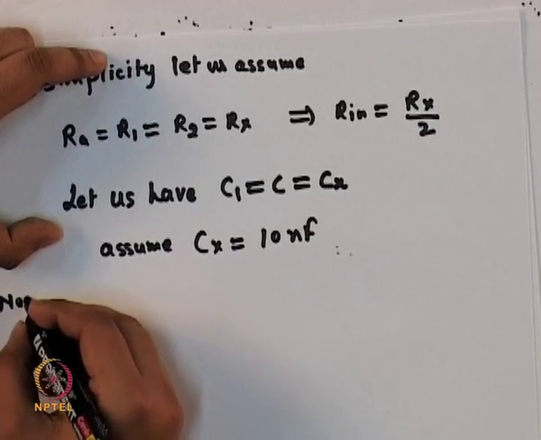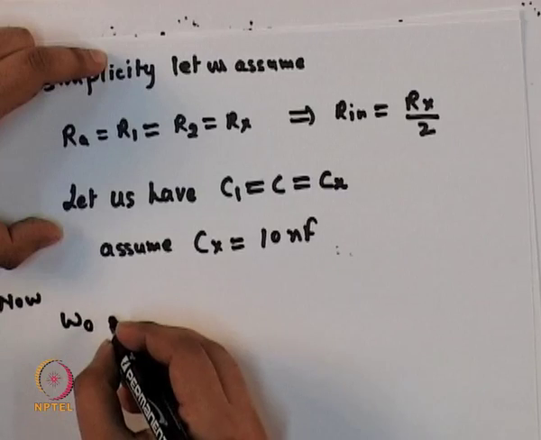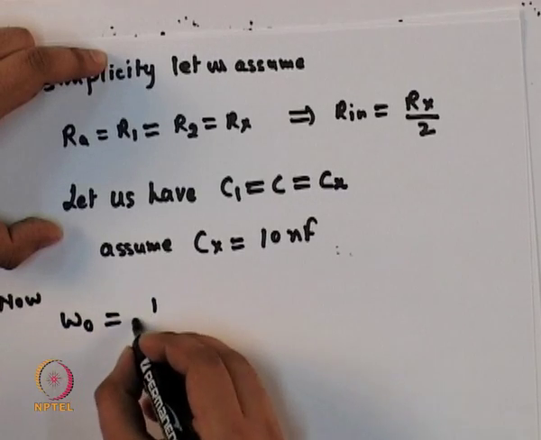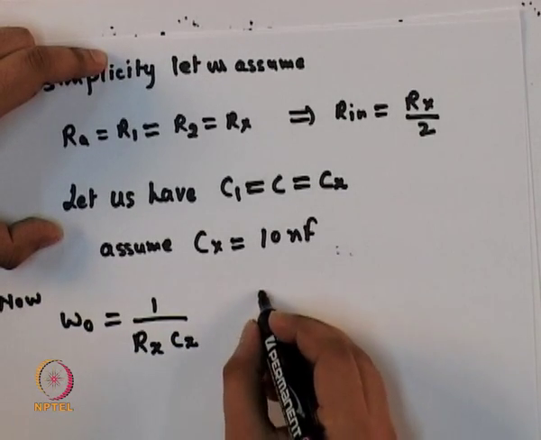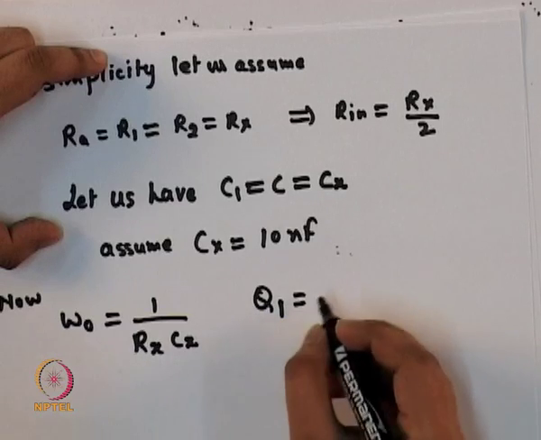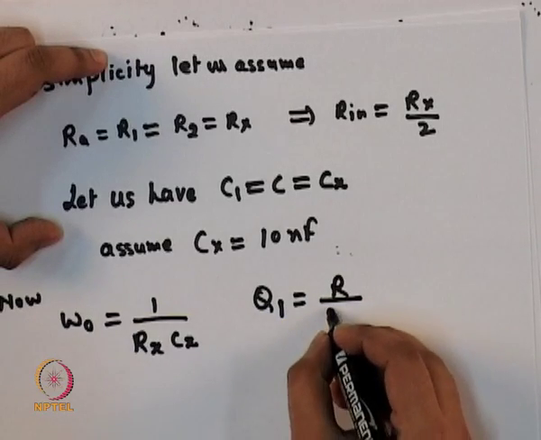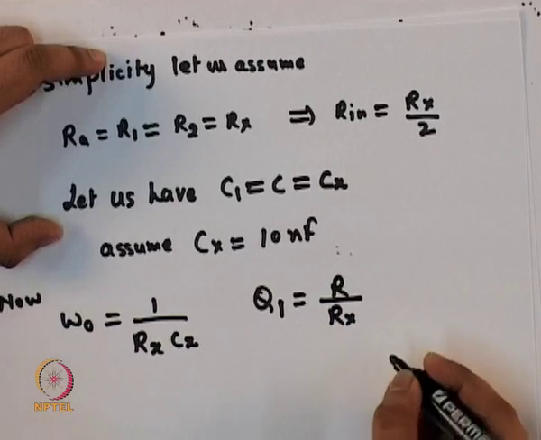Now omega naught, that is the 3 dB cutoff frequency, equal to 1 upon Rx Cx. Q1 equal to R upon Rx.